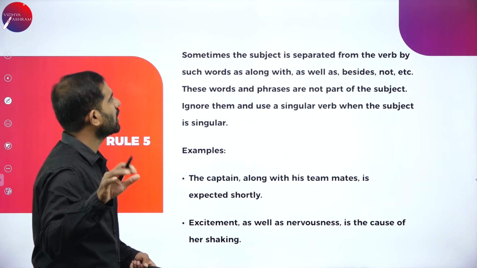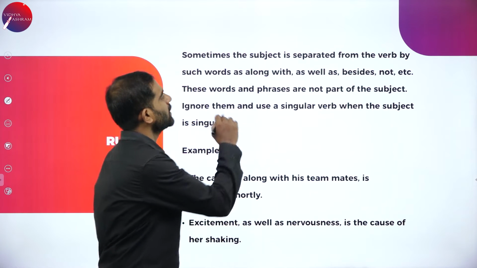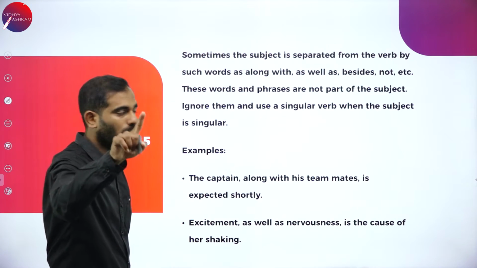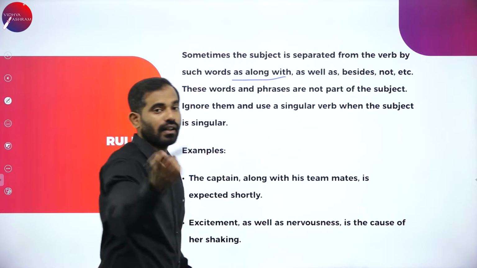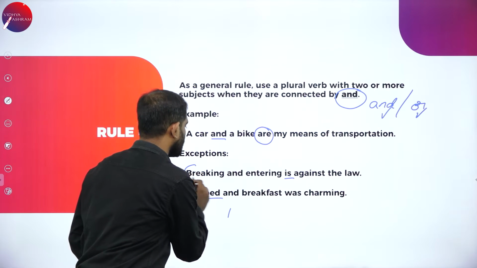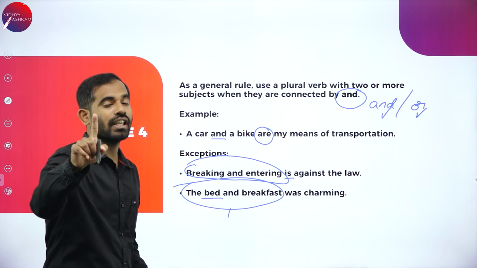Rule number 5. Sometimes the subject is separated from the verb by such words as along with. Let me just go back to the previous slide. Here, these concepts are considered as one, singular.